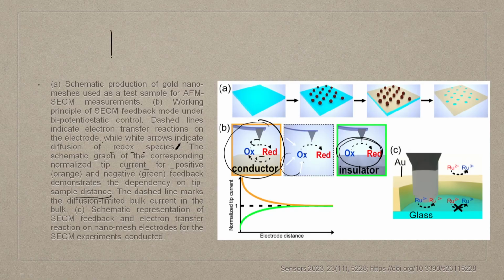As your tip is moving through, it can figure out where it is picking up the signature of oxidation, reduction, or where it is not seeing anything. So, you can spatially map a substrate about its potential or electrical activity using an AFM tip.